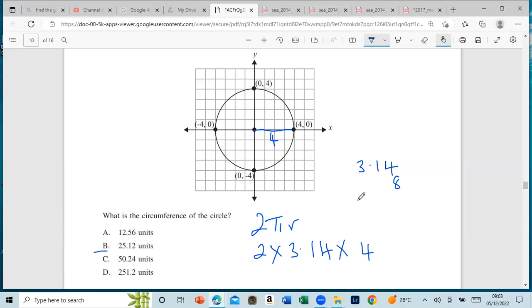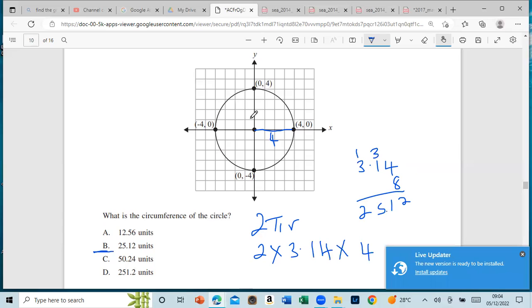Let's see, so 8 4s are 32, 8 1s are 8, and that's 25.12. Yeah, I'm correct. If it was area, I would have probably counted my squares, but if there's an easier way, you can suggest that in the comment section.